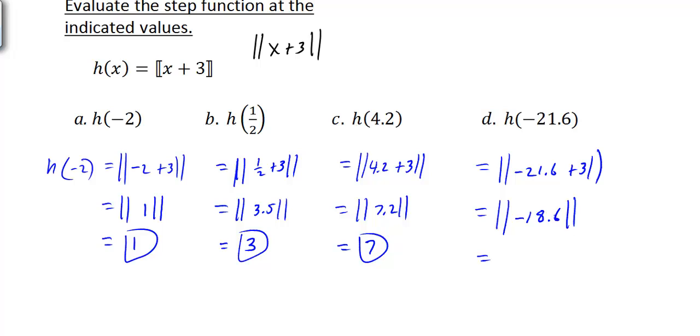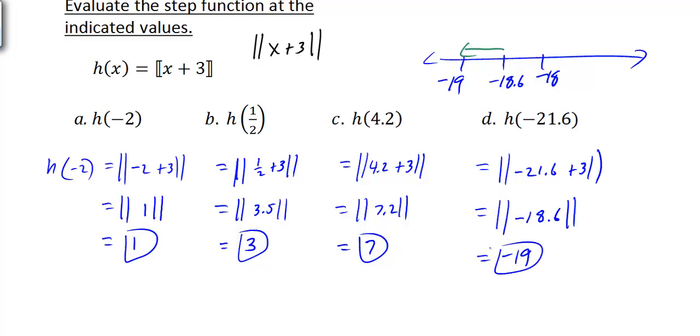And this again is not an integer, so we want to look at the integer that is less than negative 18.6. And be careful, you may want to think of your number line and say, well, here's a negative 18.6. So that means this is a negative 18 over here, and over here we'd have a negative 19. And if we're going less than negative 18.6, then that means we need to go down here. So the answer is a negative 19.